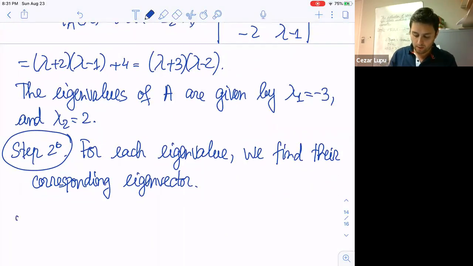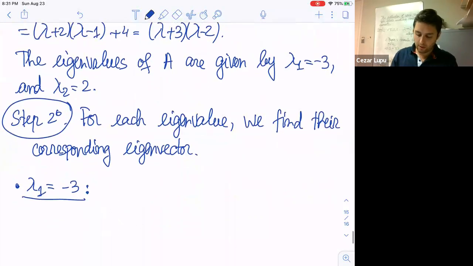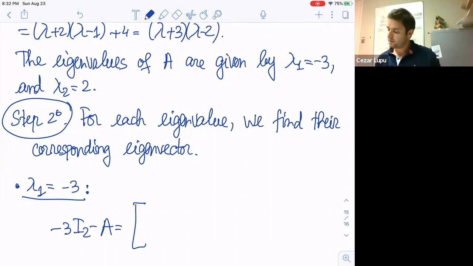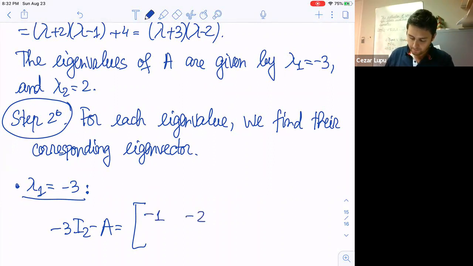For lambda 1 equals -3, we do the following. -3 times the identity minus A will be -1, -2, -2, -4.